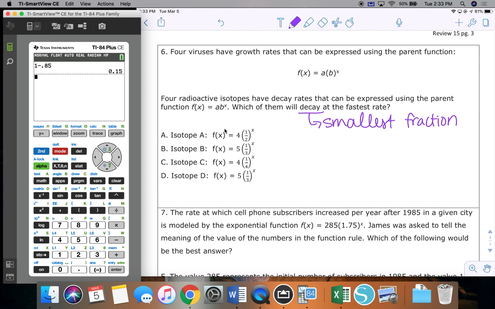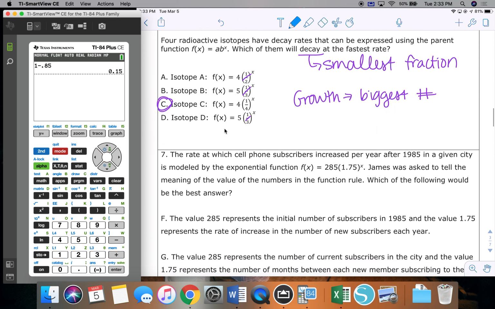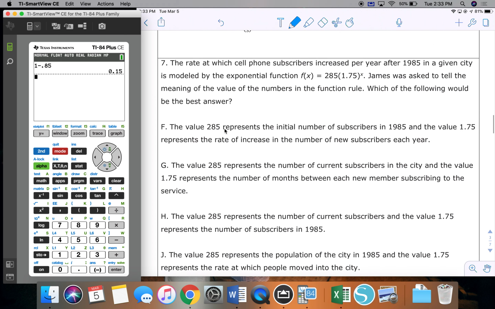So the smallest fraction I see is 1/4. These are all not the smallest. Now keep in mind, growth is the biggest number. So if you see this question but with growth instead of decay, you're looking for the biggest number.